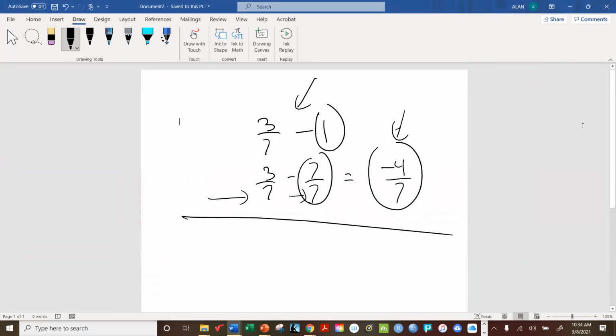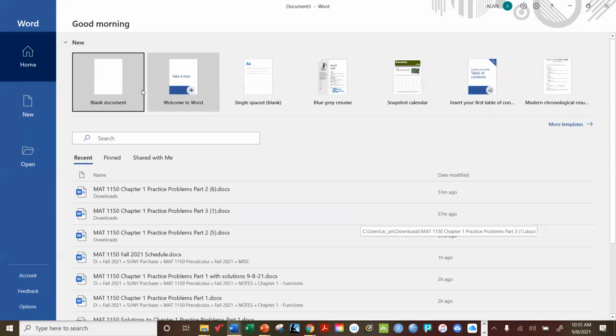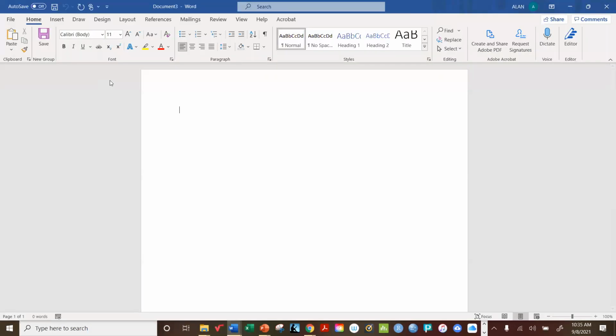Suppose you had something like this going on. All right, let me do a new page. Suppose you end up with something like this. What if I had something like 2/3 divided by 3/4? Now, what this means is that I can rewrite this algebraically as 2/3 times the inverse of this ratio.